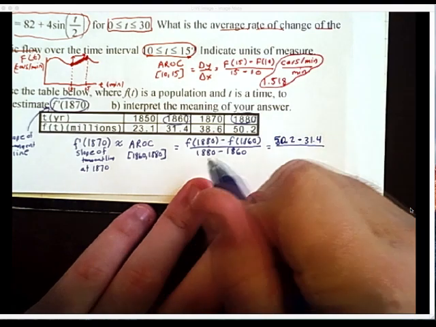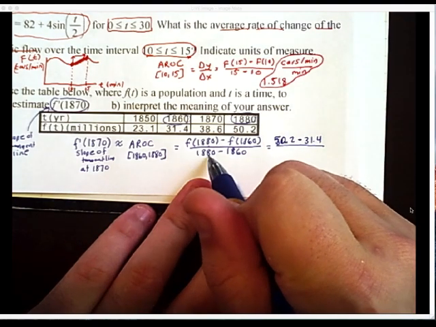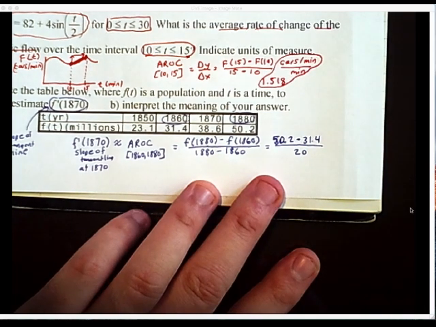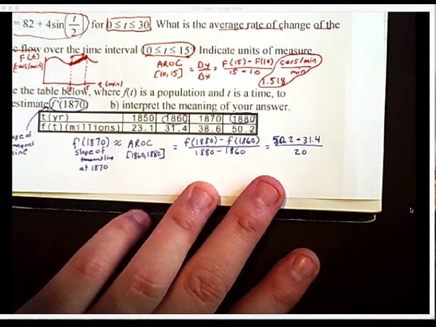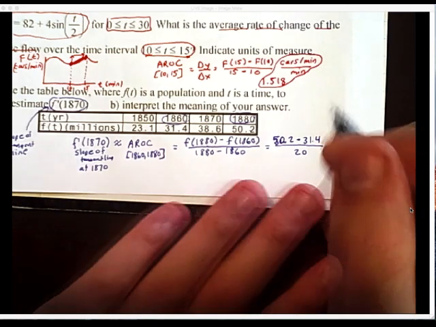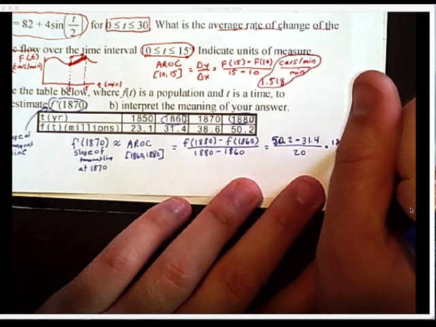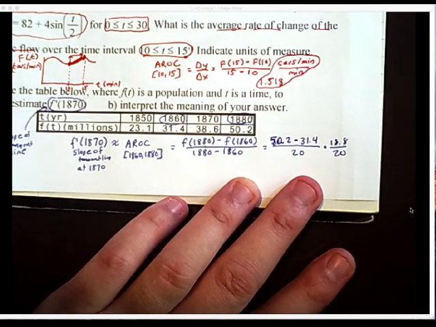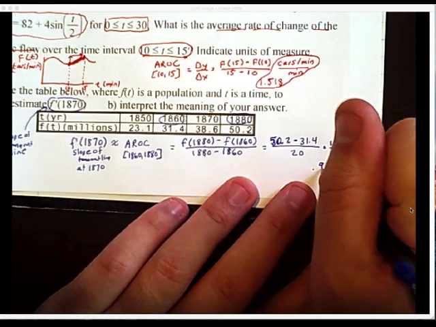And 1880 minus 1860 would be 20. If I put that into the calculator, 50.2 minus 31.4 is 18.8. If I divide that by 20, I get 0.94.